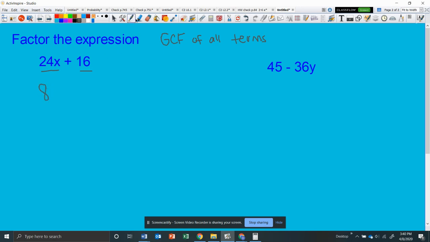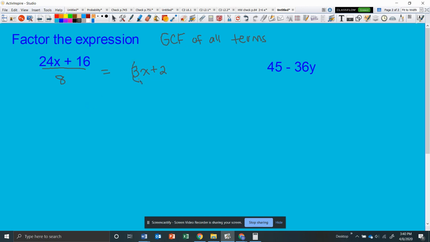So essentially, what I want you to think about is, what if we were to take this and divide 8 out, okay? If we divide 8 out, it becomes 3x plus 2. Do you see it?